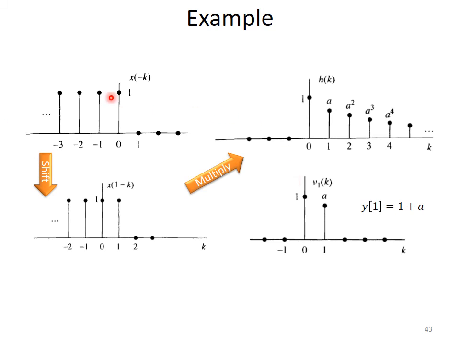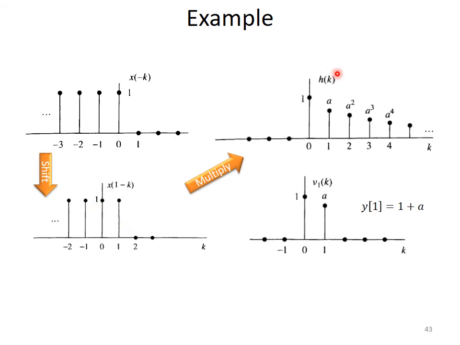Similarly, when x of minus k is shifted or delayed by 1 unit and it is multiplied with h of k, you get two samples, one at k equal to 0, another at k equal to 1.